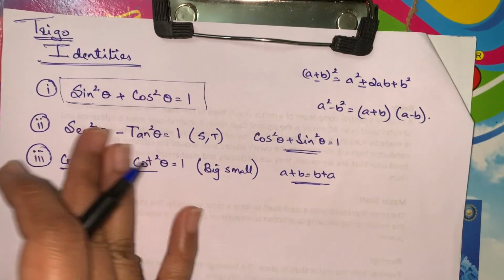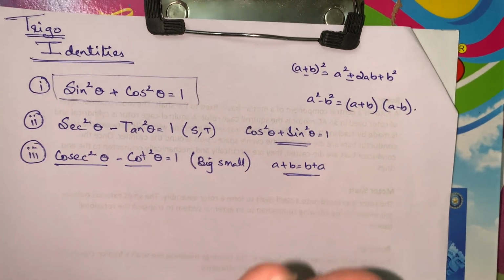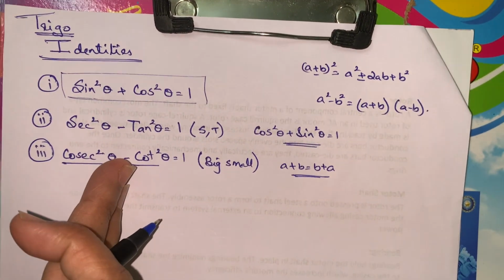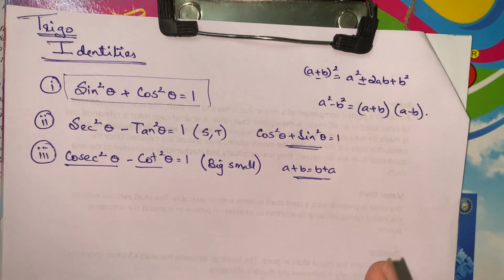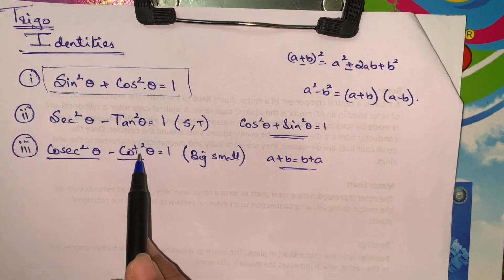Now, having learned these 3 basic identities, I am going to talk about transformations here, trigonometric transformations. There are proofs for this one. The proofs I will cover in another video. You can watch it there. But how we are using these identities is what I want you to see.